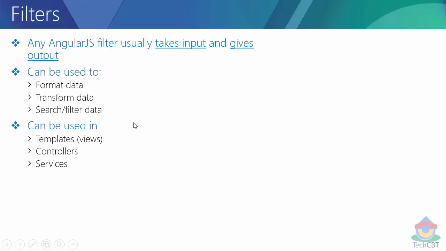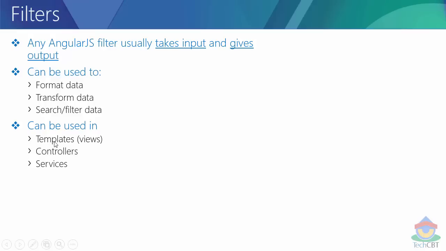Filters can be used not just in views, that is, not just in HTML, you can also use them in controllers and also in services. Most of the time you will be using filters in HTML. Why? Because whenever you write AngularJS evaluation expressions, most of the time you will be using those right inside the views.